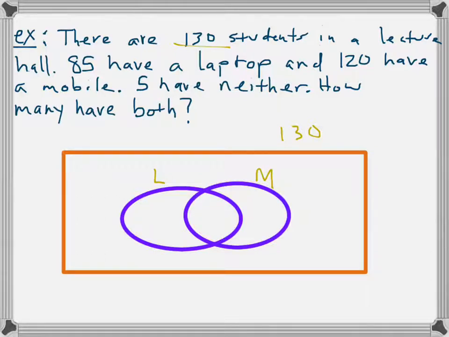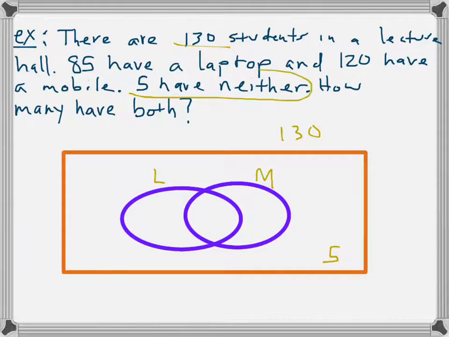Well, let's see what we have. We have that 5 people have neither. So what does that mean? How many have both? Well, I'm sorry, how many have either or? We know together there's got to be 125. How did I get 125?